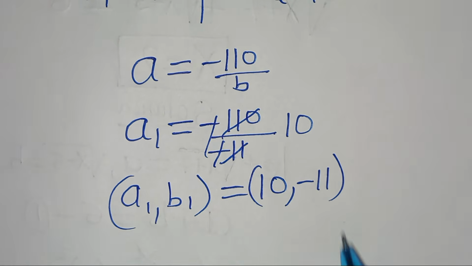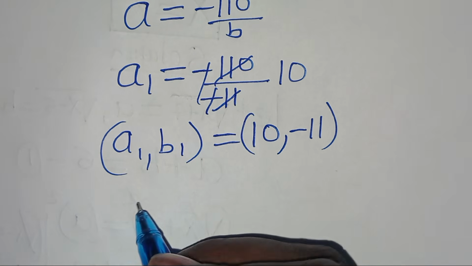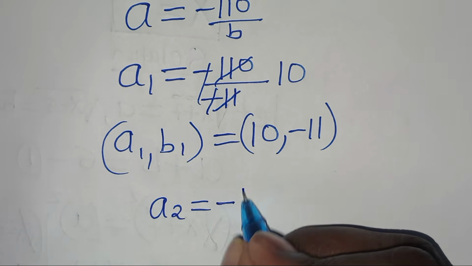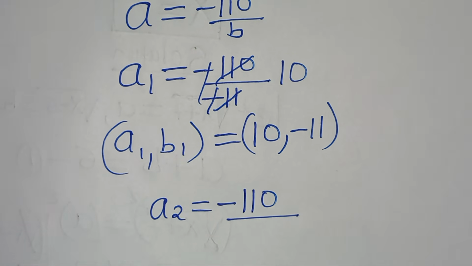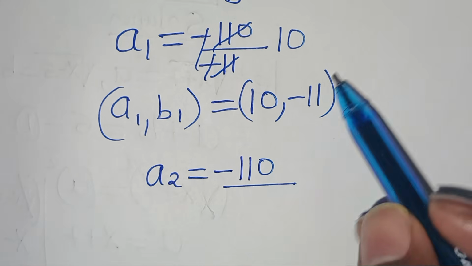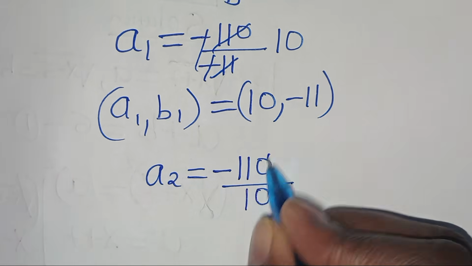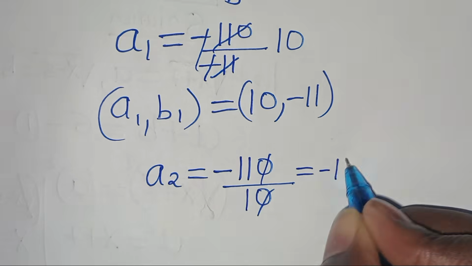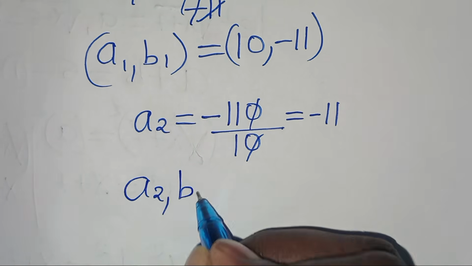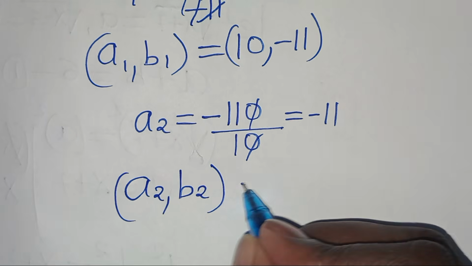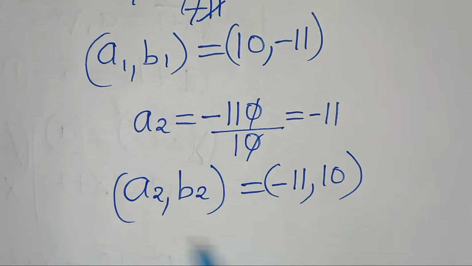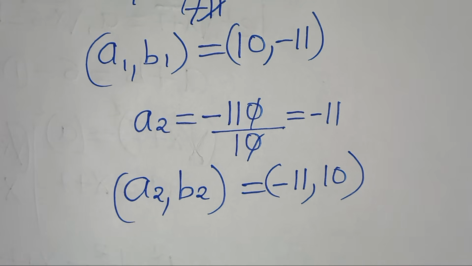This is the first set of solution that we have. Then we have A2, this is equal to negative 110 divided by B2, which is 10. So if you simplify here, we have negative 11. So the second set of solution, A2 comma B2, is equal to negative 11 comma 10. This is the second set of solution that we have.